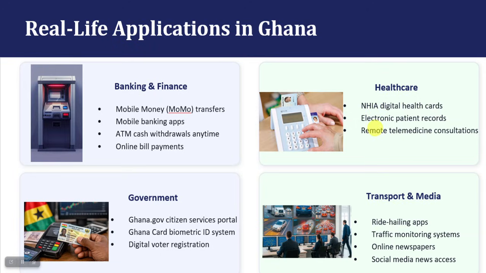Then the electronic patient records and so forth. Government, we have the Ghana.gov Citizens Portal, the Ghana Card biometric ID. We also have transport and media: ride hailing apps, traffic monitoring, online newspapers, social media news access.